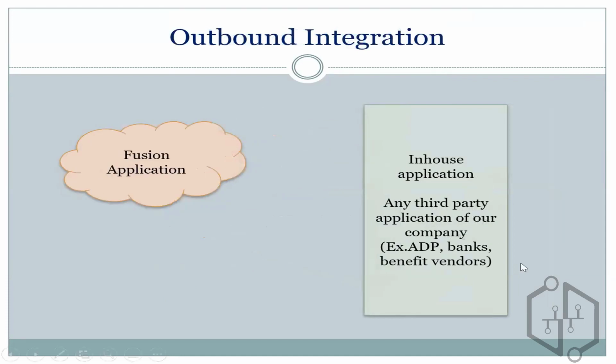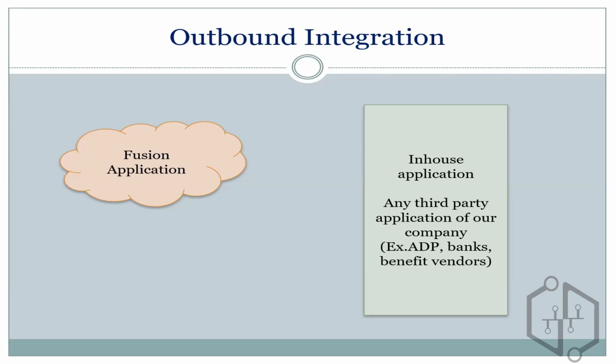Okay. Now we have the Fusion application outbound integration. Outbound integration is what? That is any third-party application of the company, like ADP, banks, benefit vendors. It is how you outsource your data from one application to another. Suppose you're outsourcing the payroll of the company to a third-party vendor.